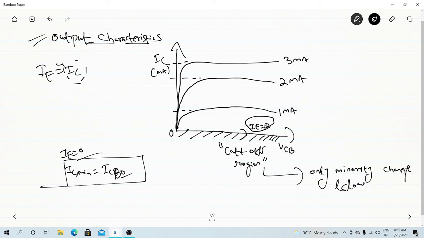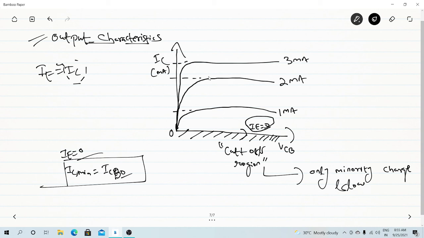When IE equal to 0, the input section is open circuited, and that minority current is equal to ICBO, which is very small. So this is the cutoff region.